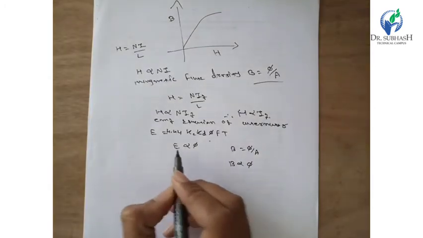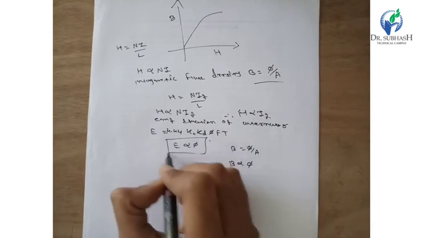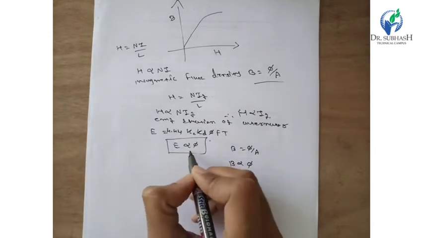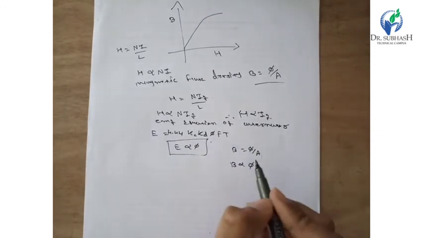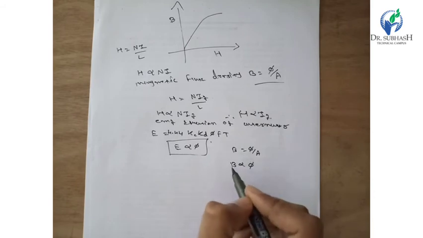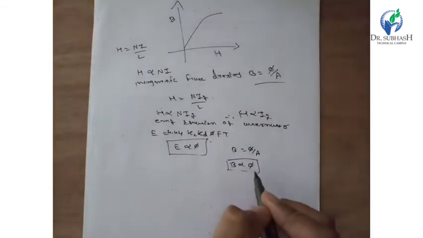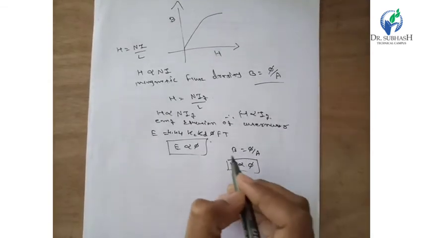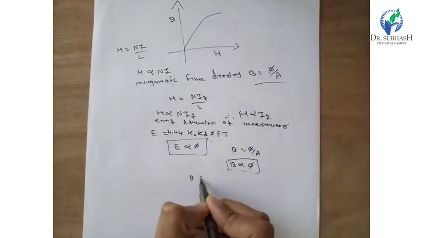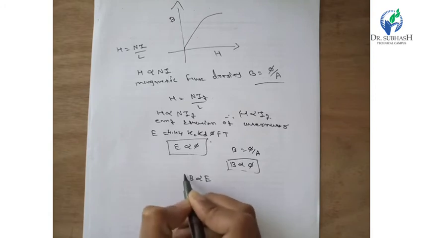In the previous equation, we found that E is directly proportional to phi, and from this equation B is directly proportional to phi. So when we compare both equations, we can write that B is directly proportional to E.